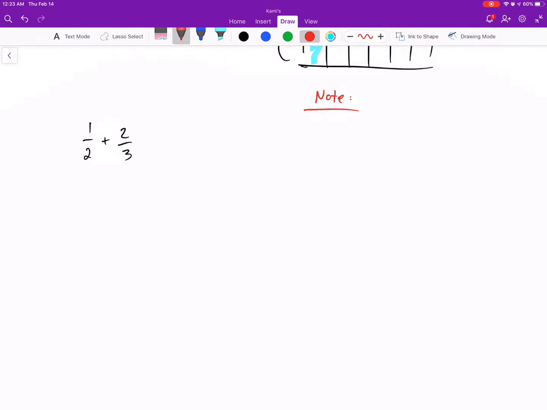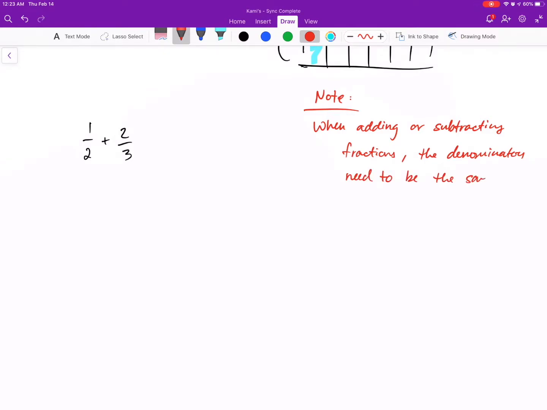So when adding or subtracting fractions, the denominators need to be the same.